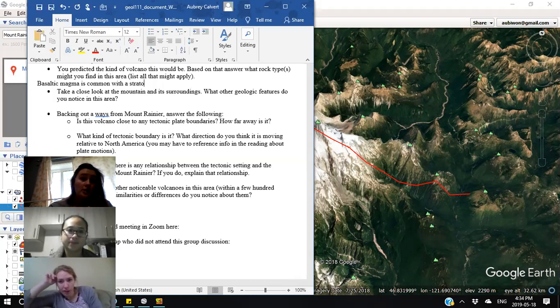Those all depend on how much gas is built up in the chamber. Because there's an eruption, there usually is a lot of volatiles. Yeah. There's definitely going to be more gas and stuff in here.